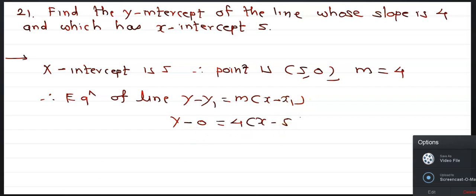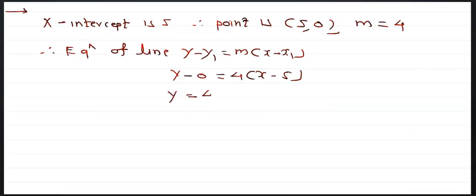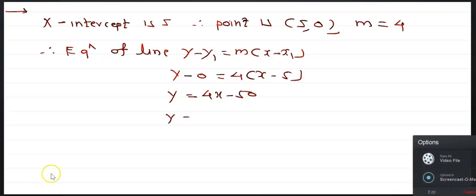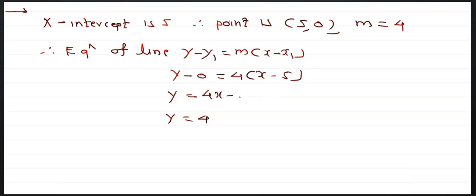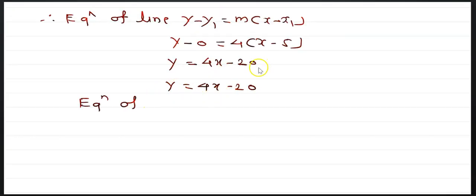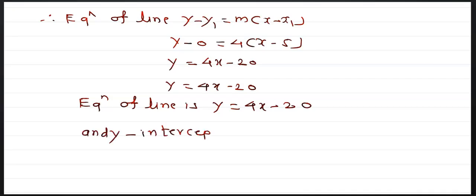Now simplify this. That is y is equal to 4x minus 20, sorry, 20. Therefore, the equation is y is equal to 4x minus 20. Its y-intercept is minus 20.